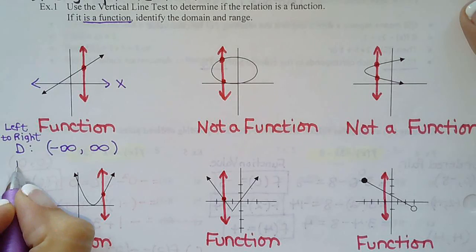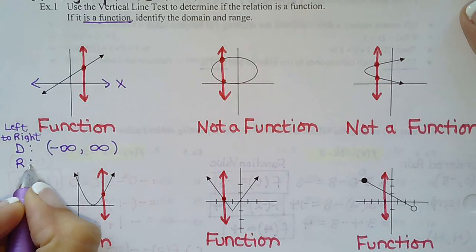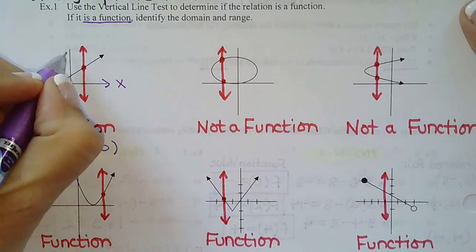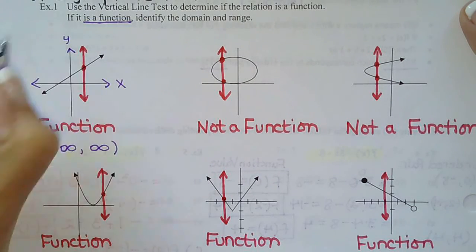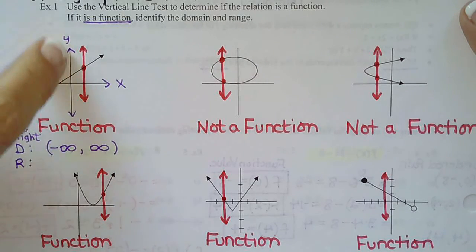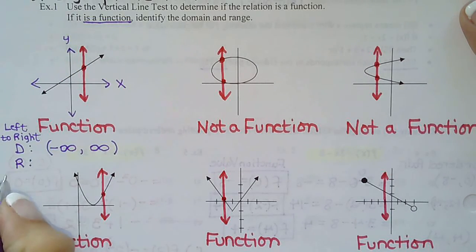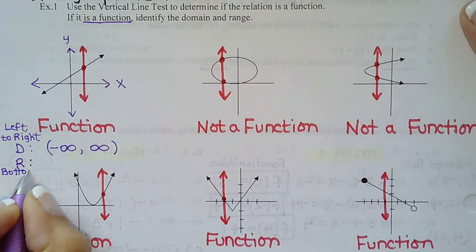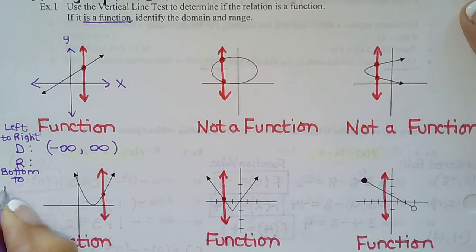The range is the y-axis, and the lower values on the y-axis are on the bottom. The higher values are on the top. So when we do range, we go bottom to top. And I always write that just to remind myself.